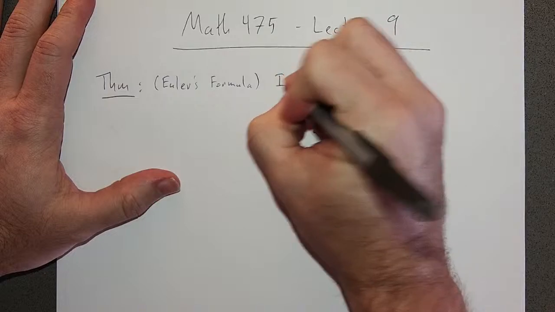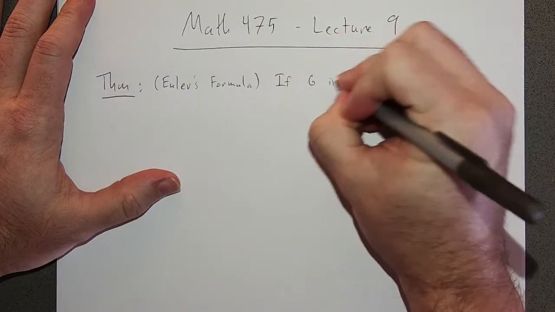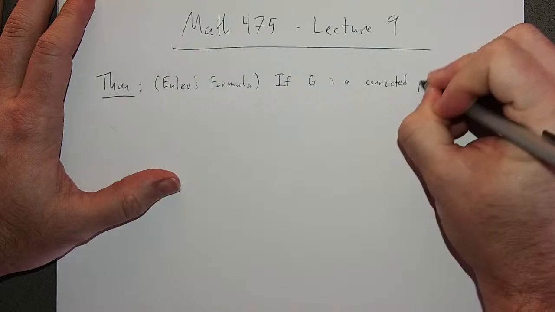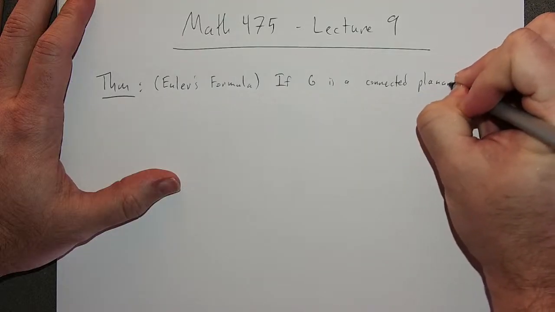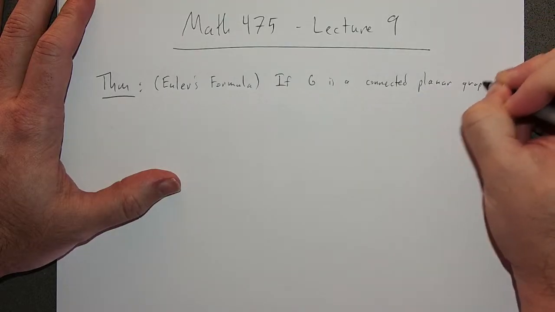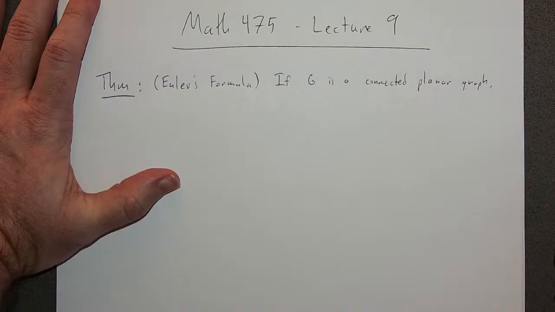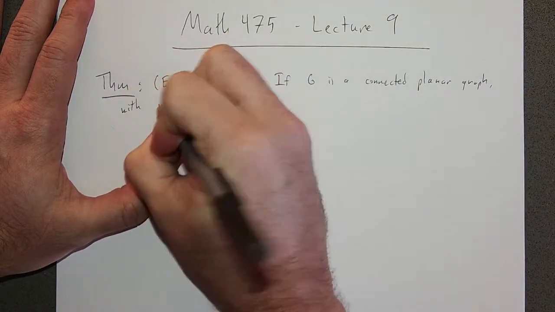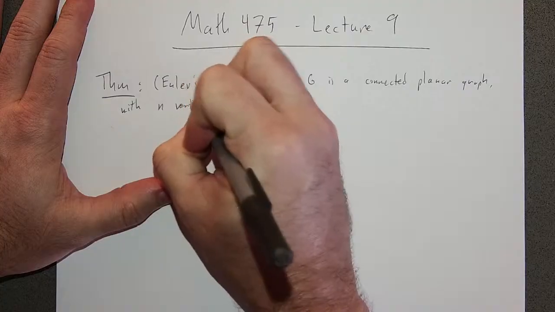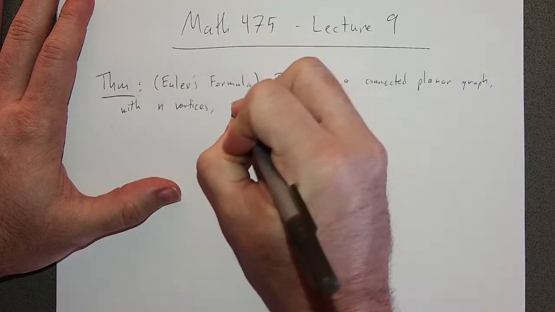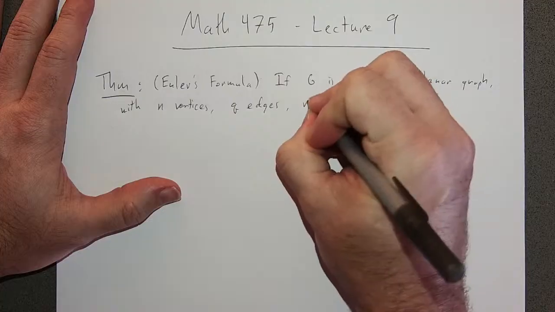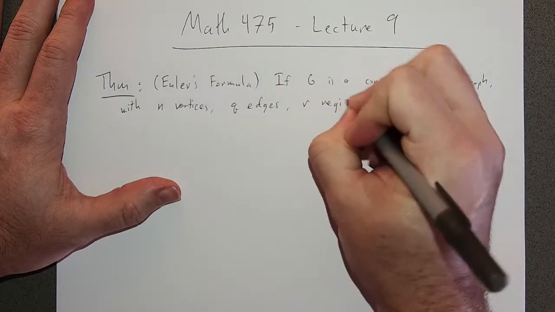If G is a connected planar graph with n vertices, q edges, and r regions, then the vertices minus the edges plus the number of regions is always equal to 2.